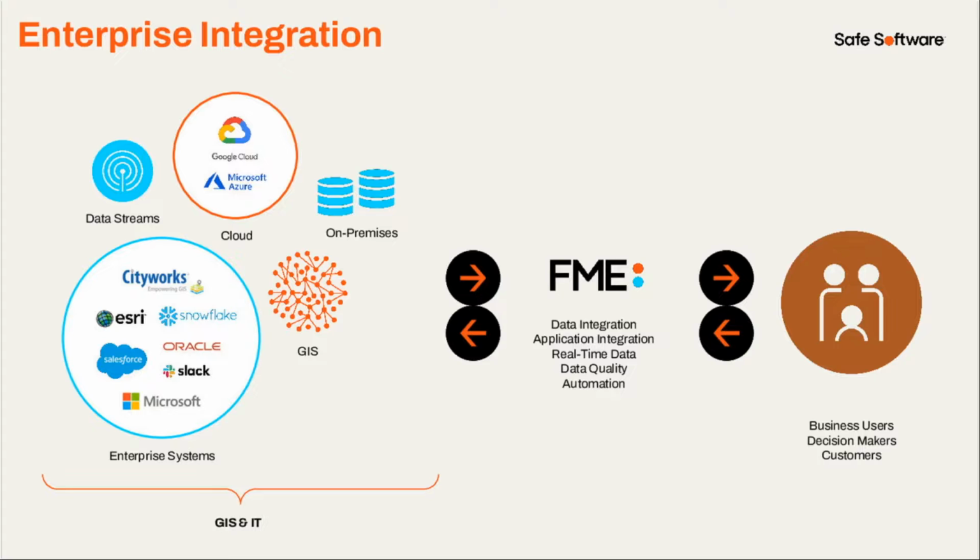In fact, there's built-in support for thousands of systems, with over 800 coming out of the box, along with activities called transformers that allow users to build and automate custom integration workflows without having to write code. So whether your data challenge is to do with spatial, big data, stream processing, cloud migration, business intelligence, or anything, FME is here to help you spend more time using your data and less time fighting it.